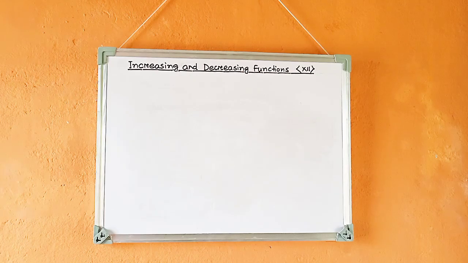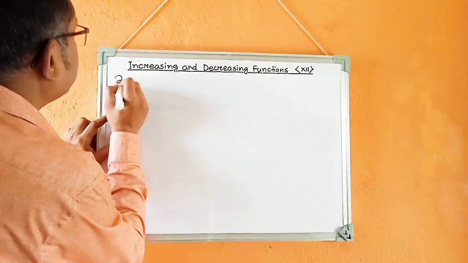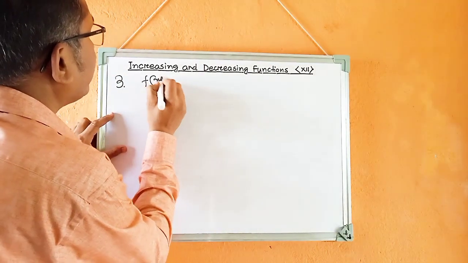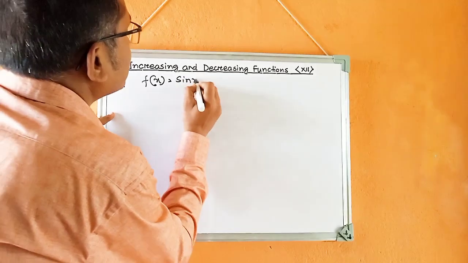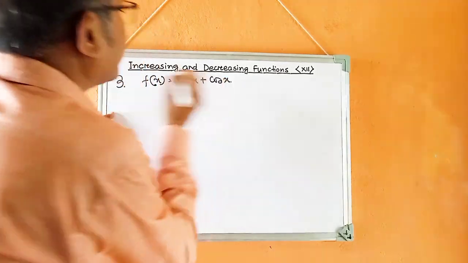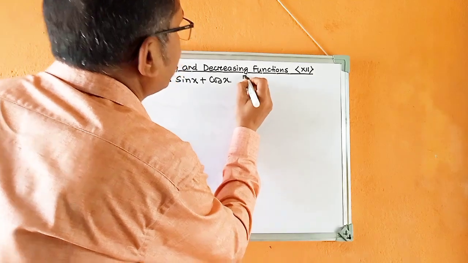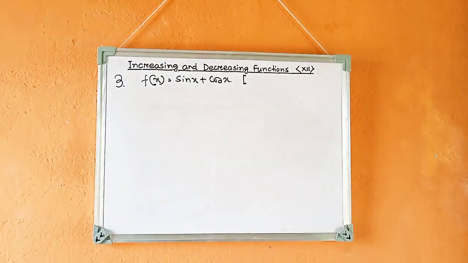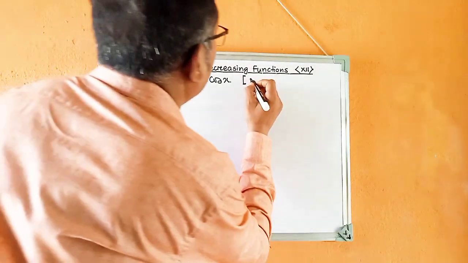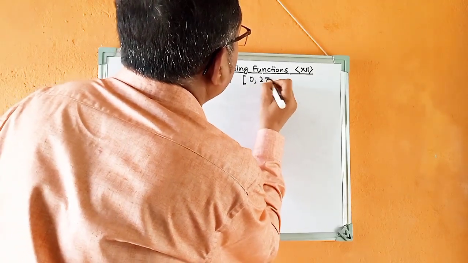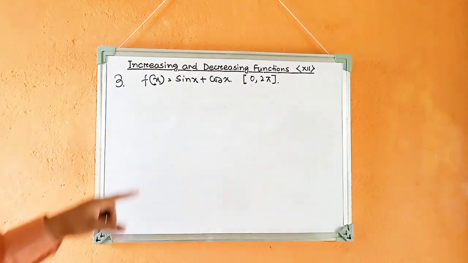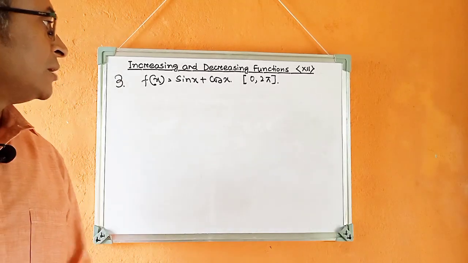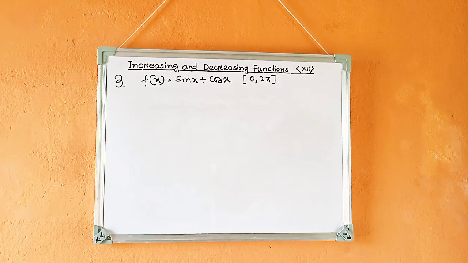Listen carefully: find the intervals in which the function given by f(x) equal to sin x plus cos x, where the range is given as 0 to 2 pi, is increasing and decreasing.